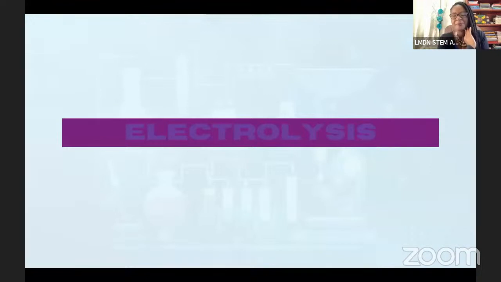The first part of that word stems from electricity. The last part is lysis. Lysis means to break up something, or lyse. To lyse something means to break it up, deteriorate it, decompose it. So when we put the 2 things together, we're saying we're using electricity or an electric current, or something that can carry electricity, to decompose something, or throughout the process, electricity causes a decomposition of whatever you have.